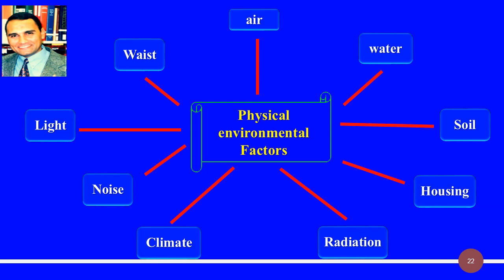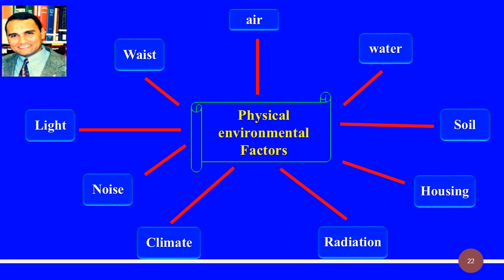Housing factors may lead to respiratory infections such as tuberculosis, and skin infections such as ringworm. Radiation may lead to leukemia or chromosomal mutation with genetic diseases. The climate: heat cramps, respiratory problems.